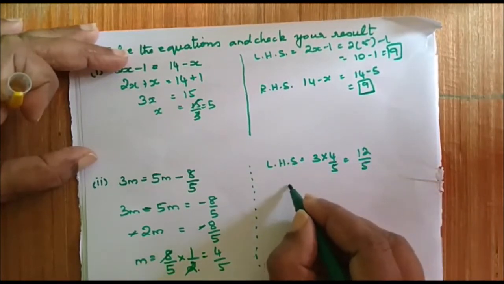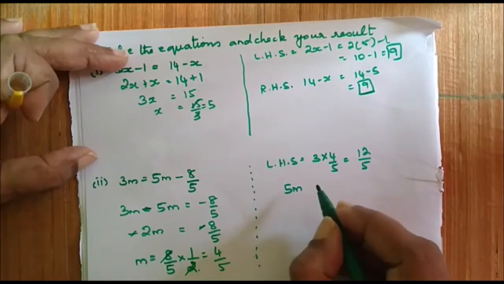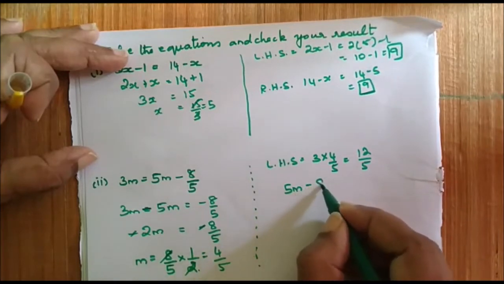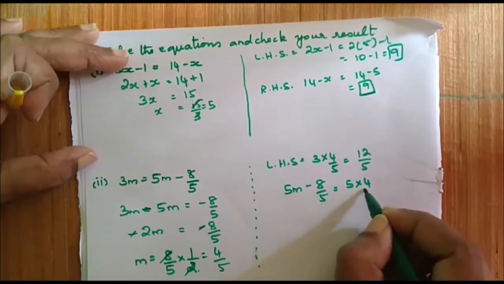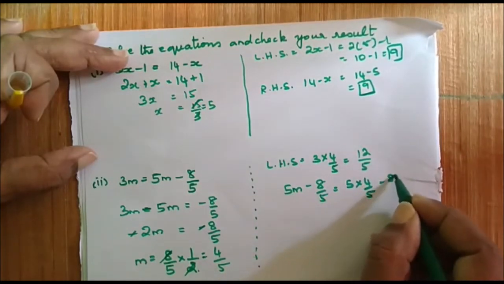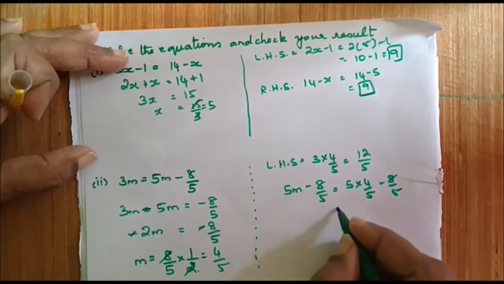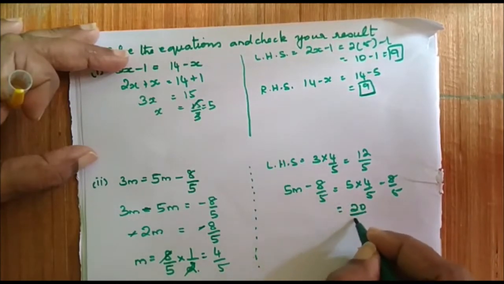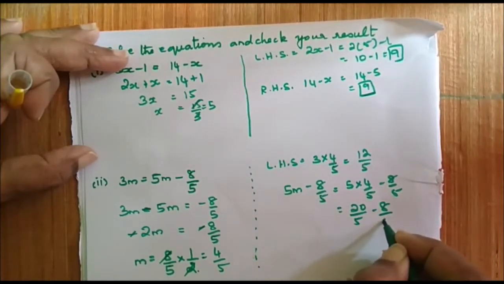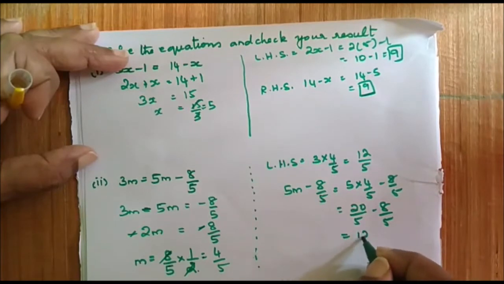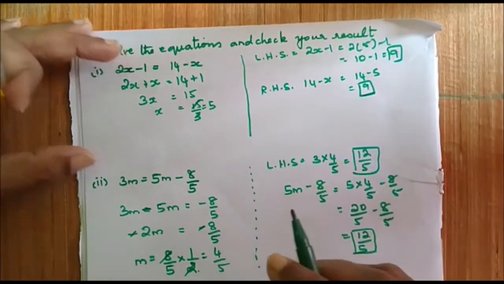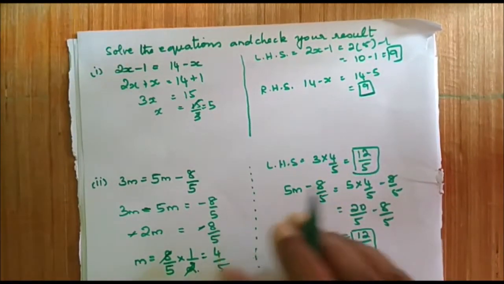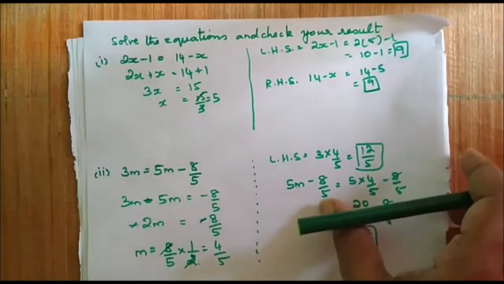Now I will take the other side. 5m minus 8 by 5 equals 5 into 4 by 5 minus 8 by 5, which is equal to 20 by 5 minus 8 by 5 equals 12 by 5. So my LHS is equal to the RHS. So this answer 4 by 5 is correct for this equation.